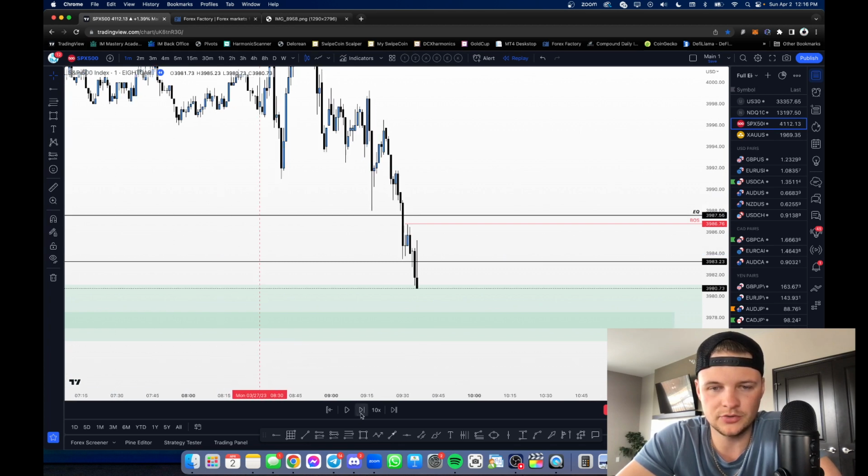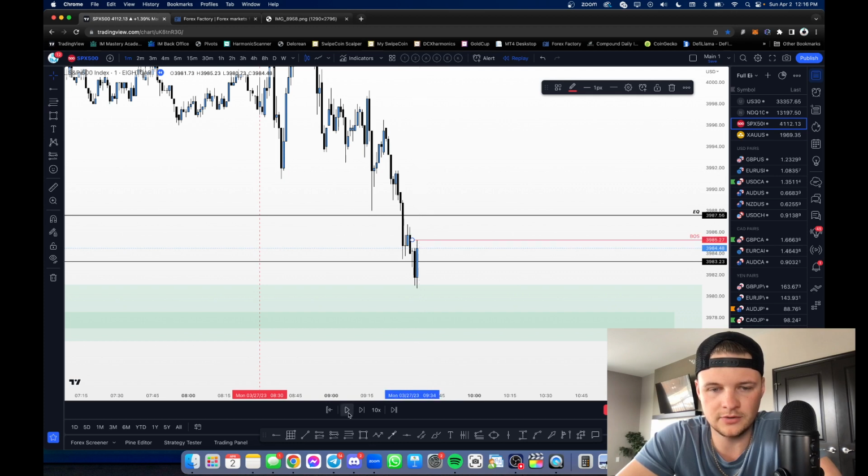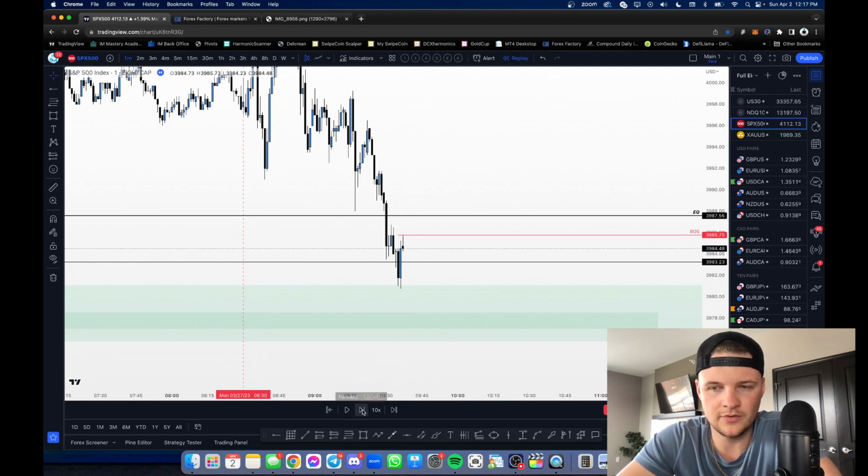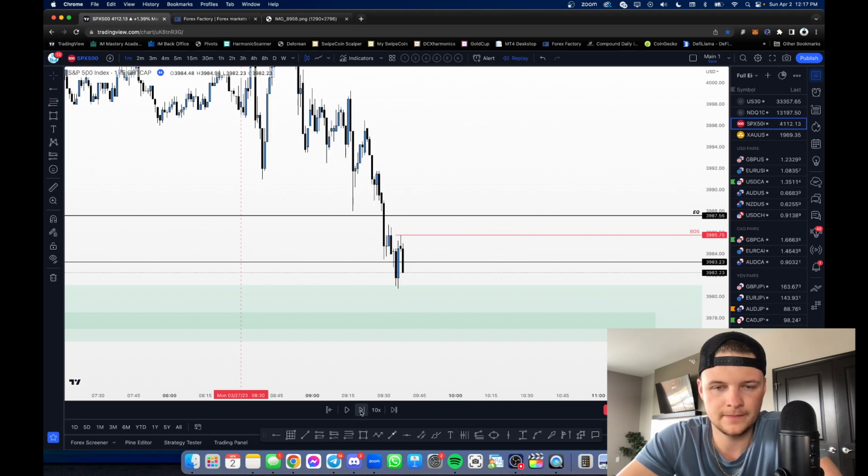Price continues to push through, and then this would be where we are tracking a new low, right? Because we push through, down close candle, up close candle. As long as this next candle closes, there we go. So this would have been the new high, I'm sorry, that we were tracking, right? So now we want to wait for a break of structure. We've tapped into this fair value gap, pushed up, and here's our new high that we're tracking.